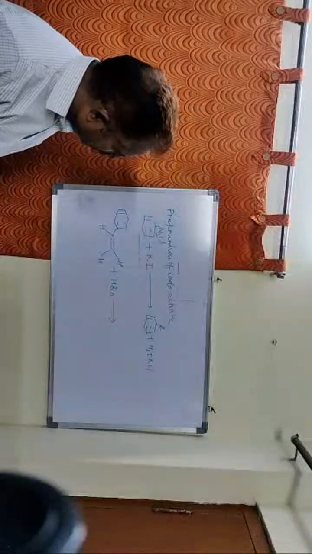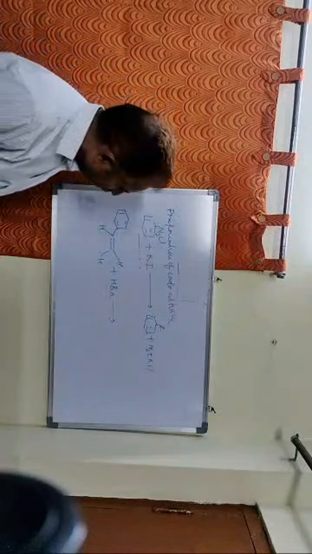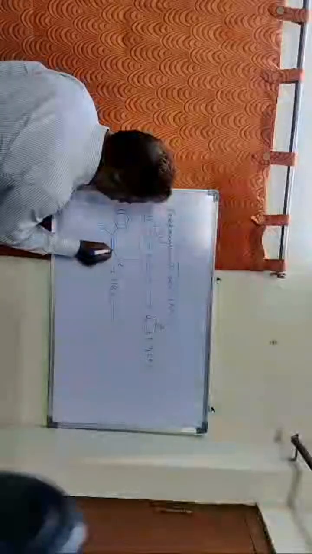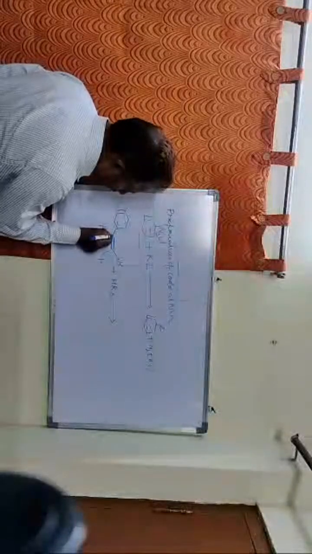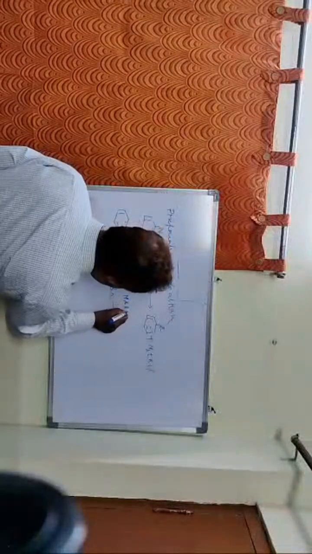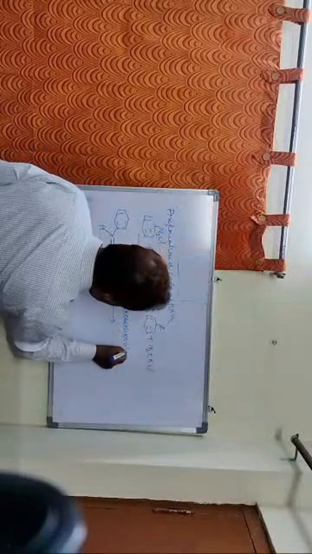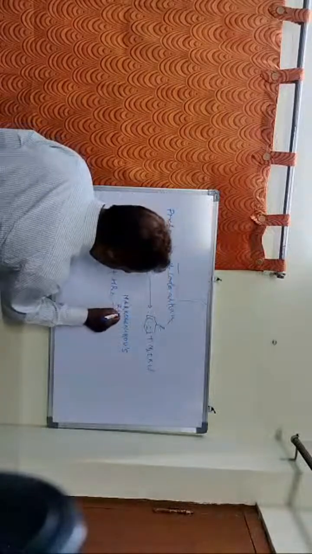As peroxide is not mentioned on the arrow mark, it is understood that we have to follow Markovnikov's rule. Here this is the double bond. This is the carbon bearing more number of hydrogen atoms, and this is the carbon bearing less number of hydrogen atoms. Only one hydrogen is there. Therefore, Markovnikov's rule follows.